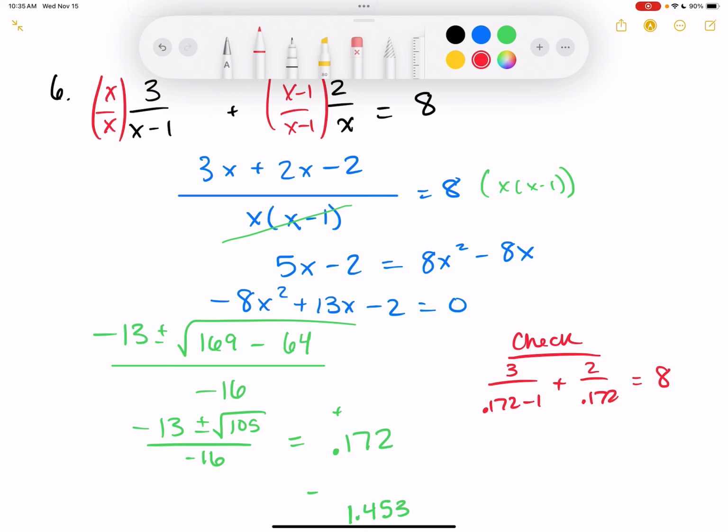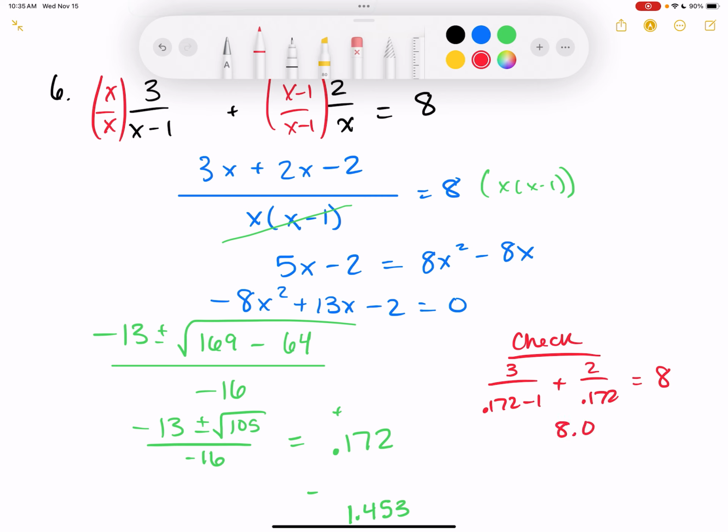So I'm going to just put this in my calculator as multiple fractions. Plus fraction 2 divided by 0.172.